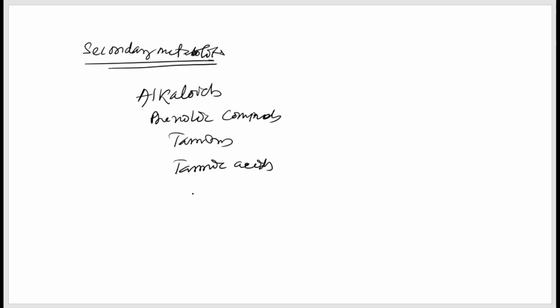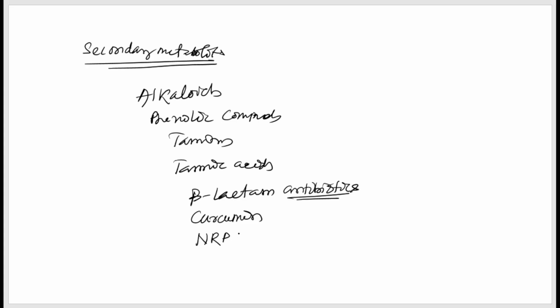You can also consider beta lactam compounds, beta lactam antibiotics that are generated by microbes, particularly by fungus and bacteria, mainly by fungus. You can consider curcumin. You can consider NRP, non-ribosomal peptides.